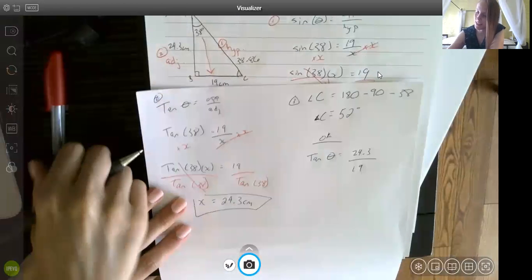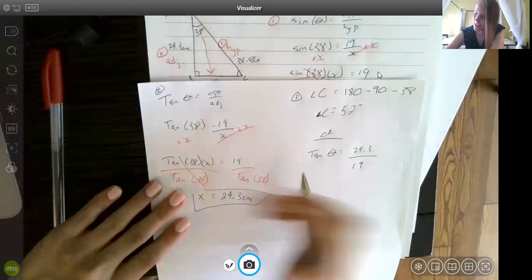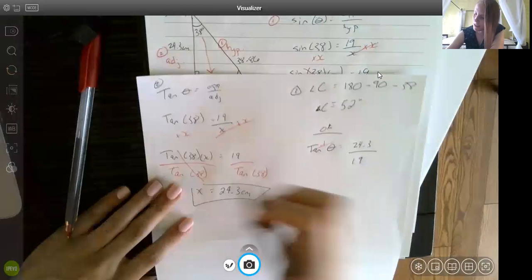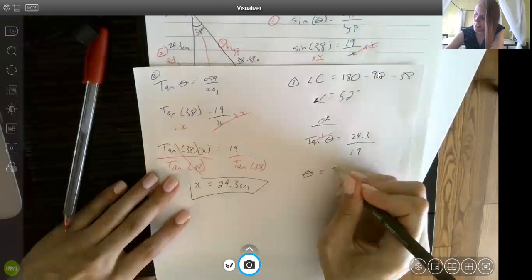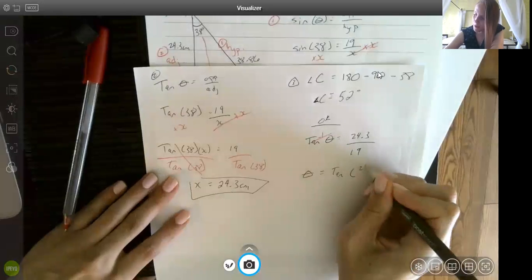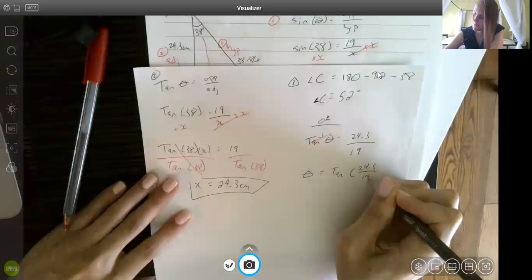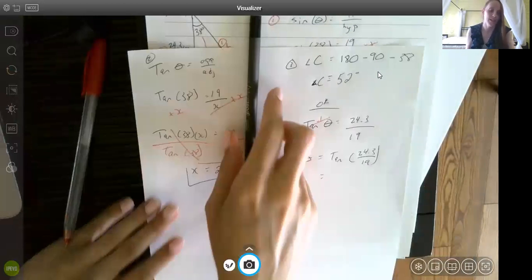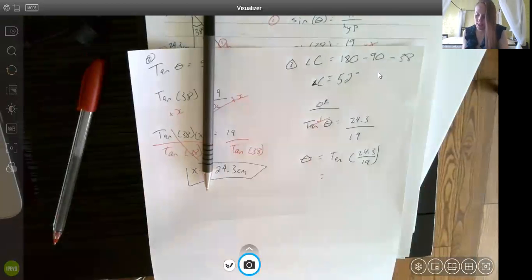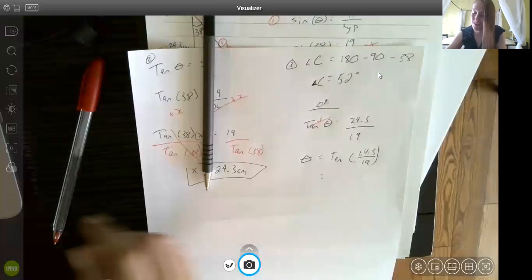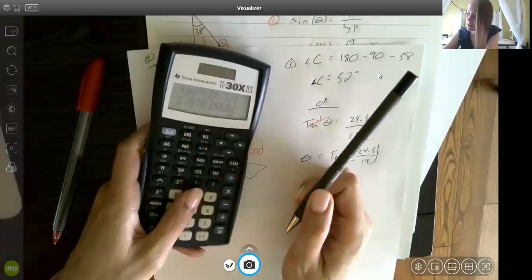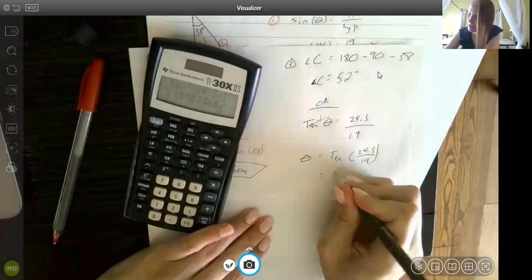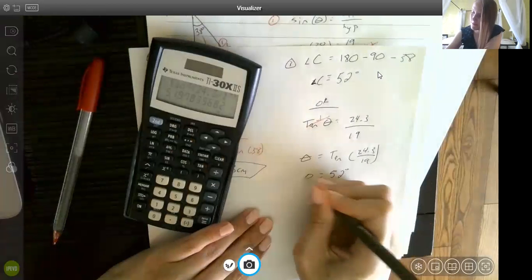In order to isolate the angle, I need to take the inverse. So the angle is the tan inverse of 24.3 over 19. So the tan inverse of 24.3 over 19 is 51.978, which would, of course, round to 52 degrees.